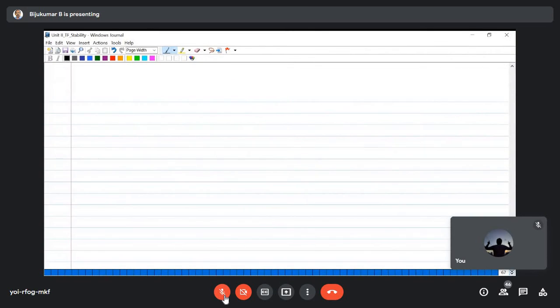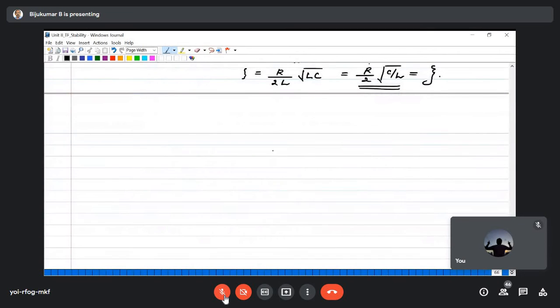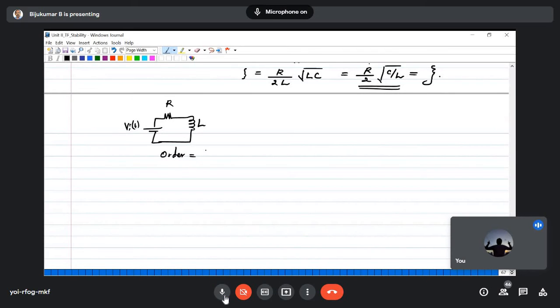And one more observation is there. Previously, there was only one energy storage element, right? In the RL circuit, R is a dissipative element and L is an energy storage element, right? In that case, what is the order of the system? 1.